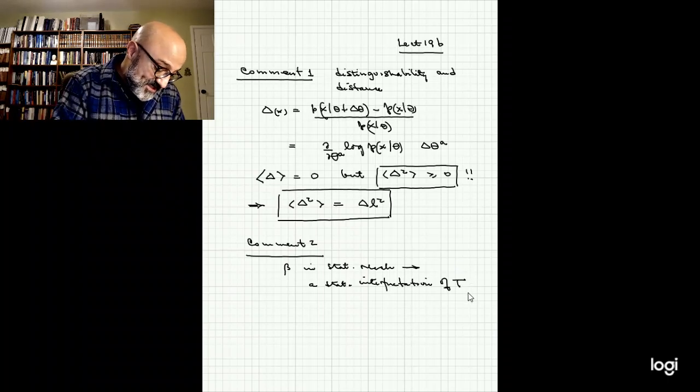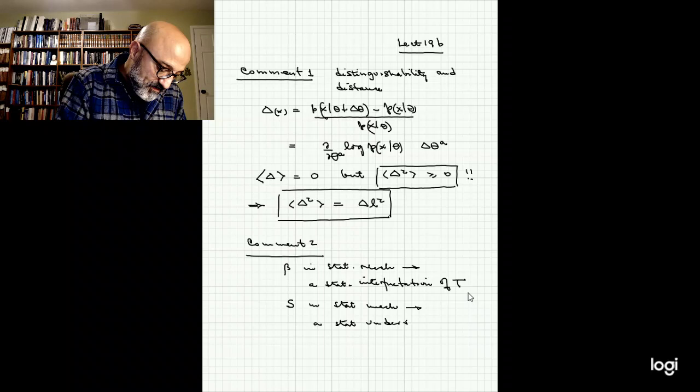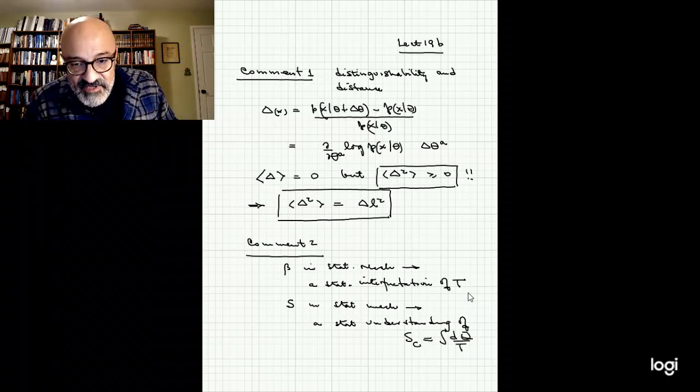Similarly, when we have the information metric in statistical mechanics, this gives you a statistical understanding of the thermodynamic entropy of Clausius, right?